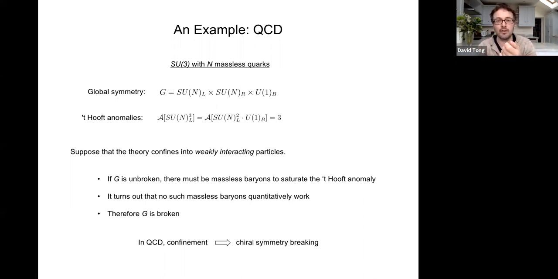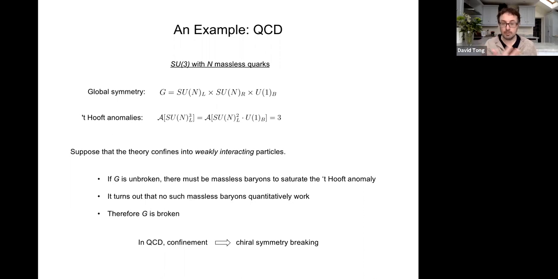So 't Hooft did the following very straightforward calculation. It's a little bit of work. I'm not going to replicate it for you, but it goes as follows. You know how the quarks transform under this global symmetry, but quarks combine in triplets to form baryons. And then you can figure out how any possible baryon would transform under this symmetry.